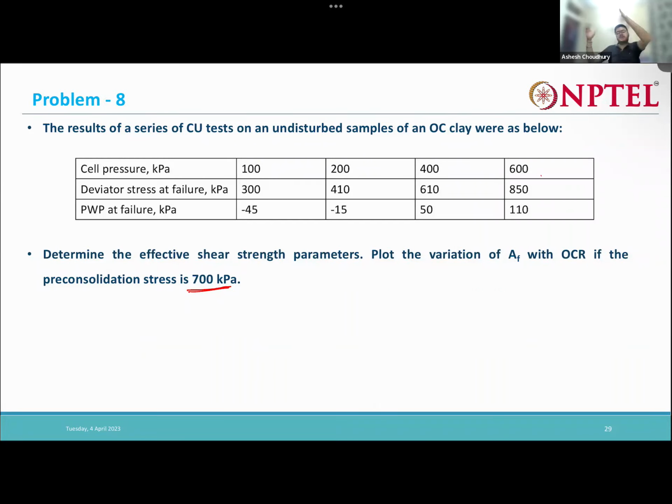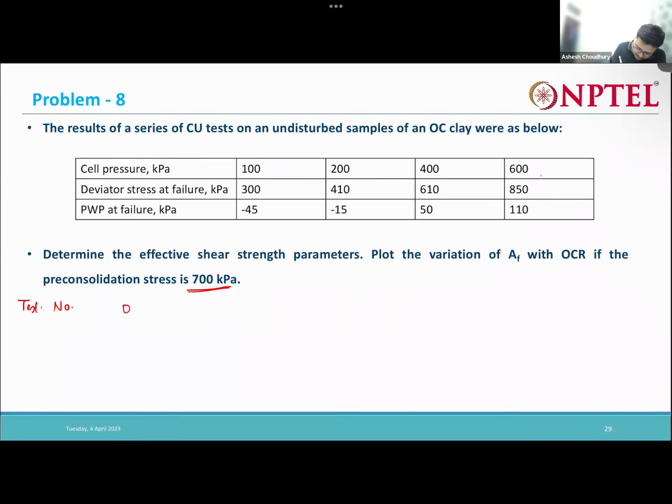So initially it has been pre-consolidated to 700, then the cell pressure is reduced to 100 first, then 200, then 400, then 600. So we have to calculate the effective shear strength parameters and plot the variation of my A parameter with OCR. Okay, so let us first form our table. First column will be my test number.